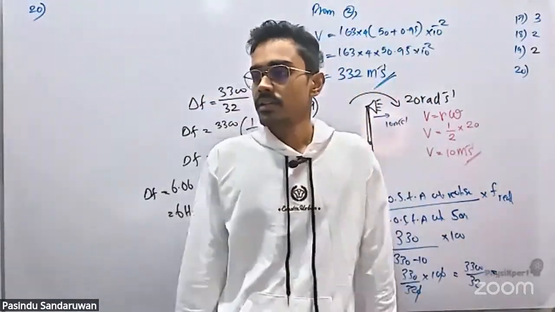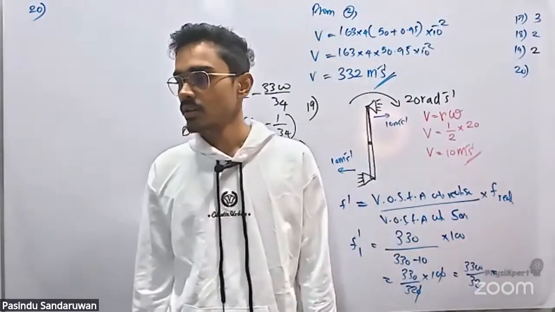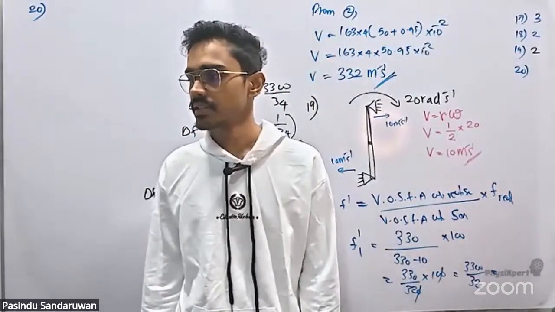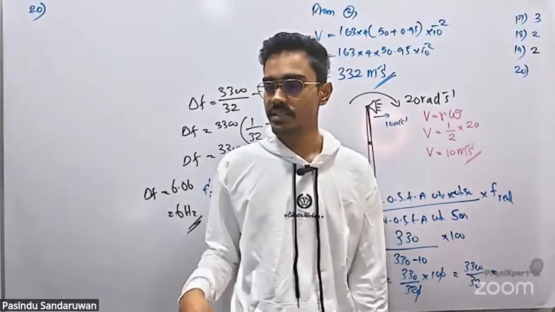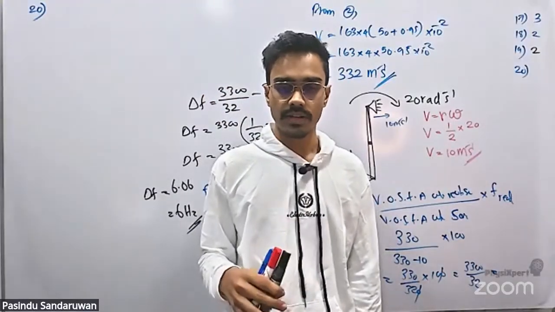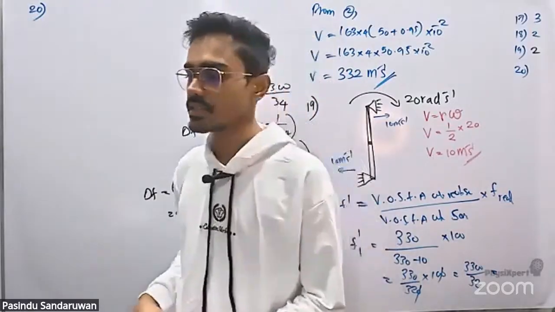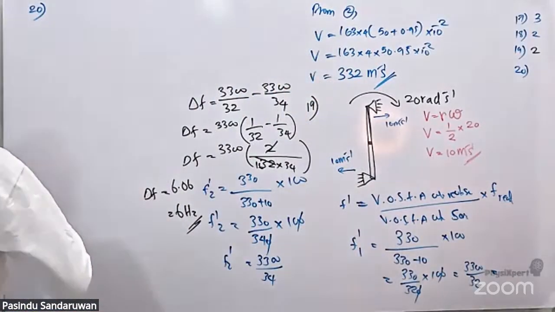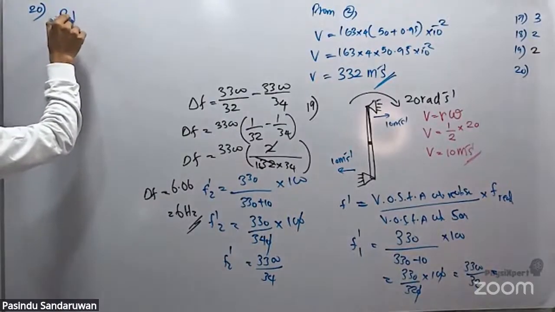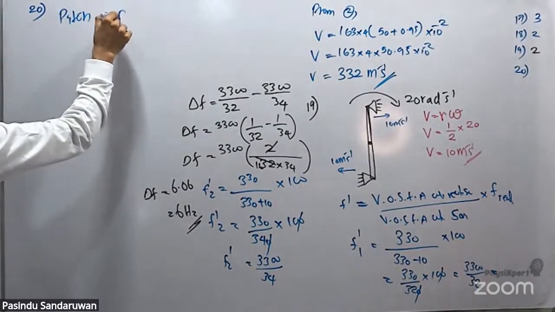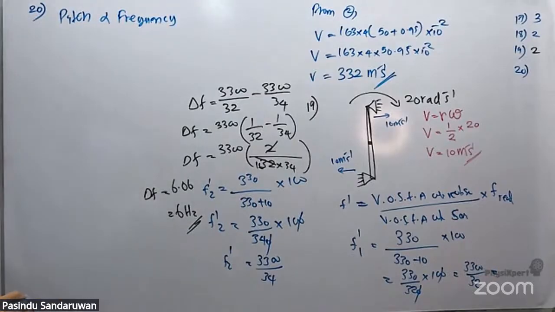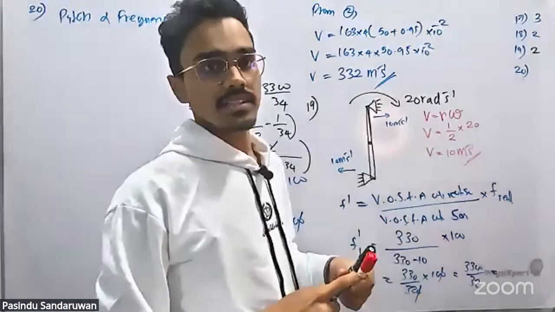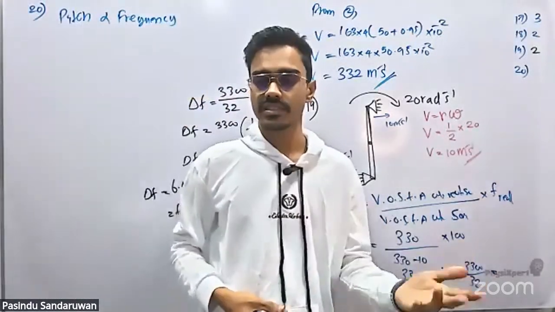20. The diagram shows waveforms of 4 waves. Which statement in the table given below is true? Wave with high pitch. Pitch depends on what? Pitch of a wave depends on frequency. Then high pitch means it should be the wave with high frequency.